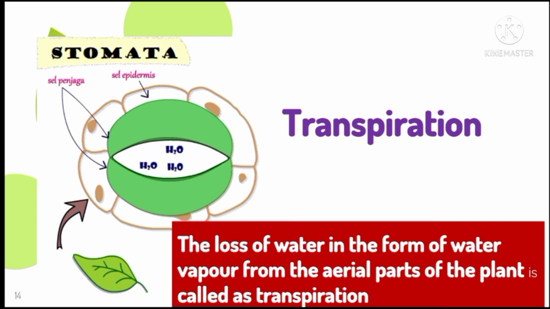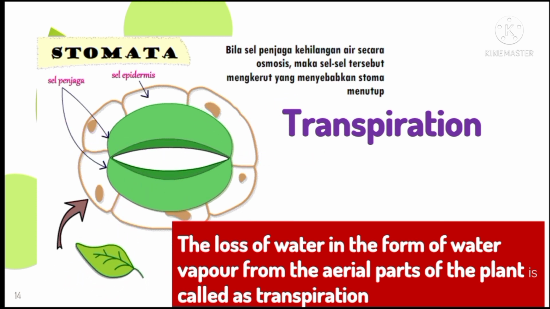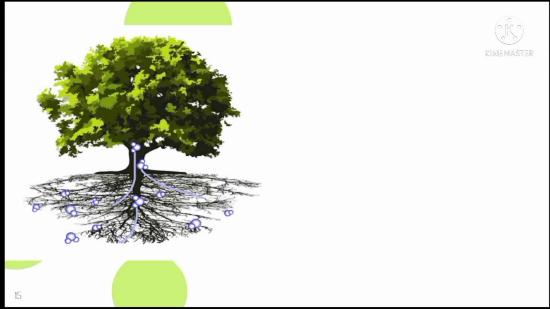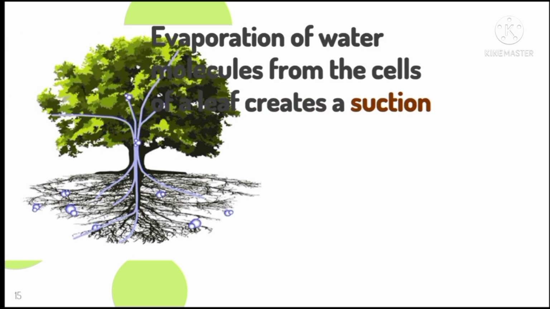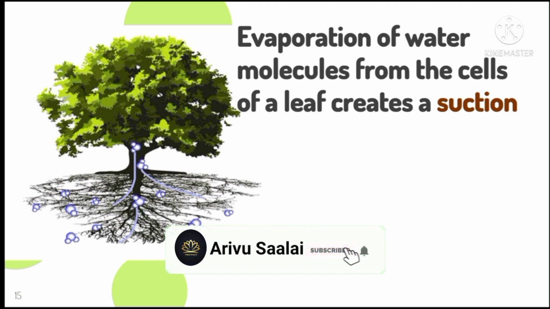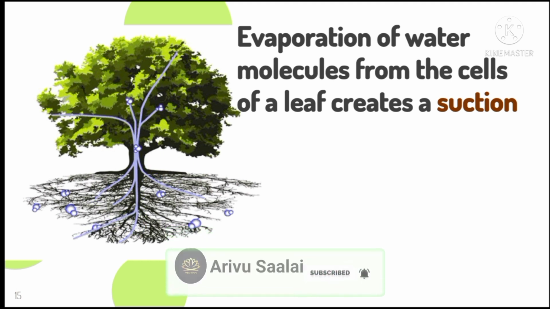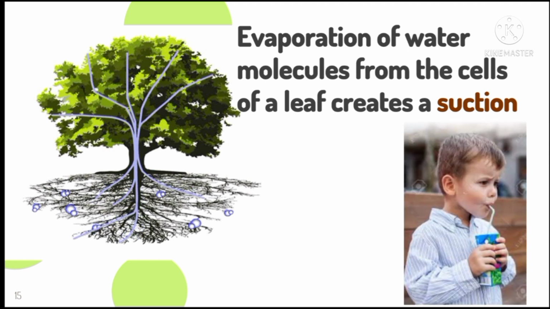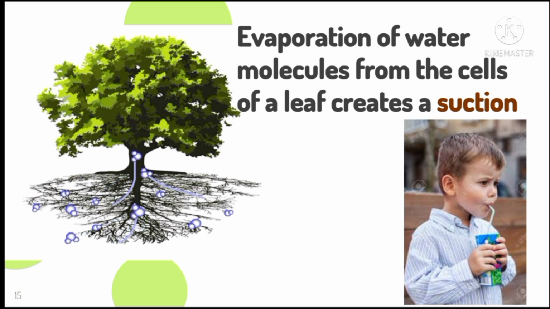So now let us understand how exactly transpiration is related to transpiration pull. Actually, the evaporation of water molecules from the cells of a leaf creates a suction. Through this suction, water is pulled from the roots to the leaves, which is exactly similar to how we suck juice from a juice packet with the help of a straw.